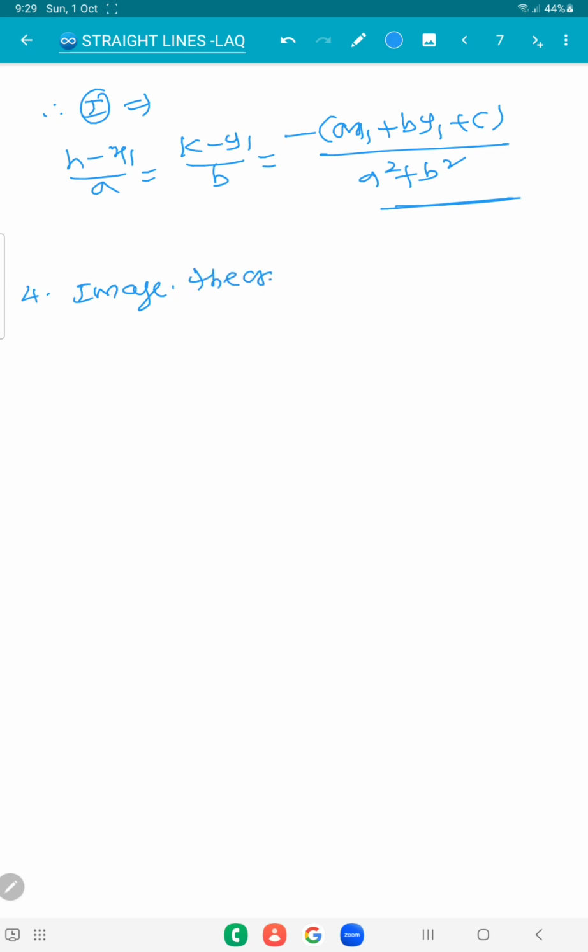Image theorem. The diagram changes. So P of (h, k) is the image of this one, A of (x1, y1). Observe that AP is perpendicular to the line. This is the line given.